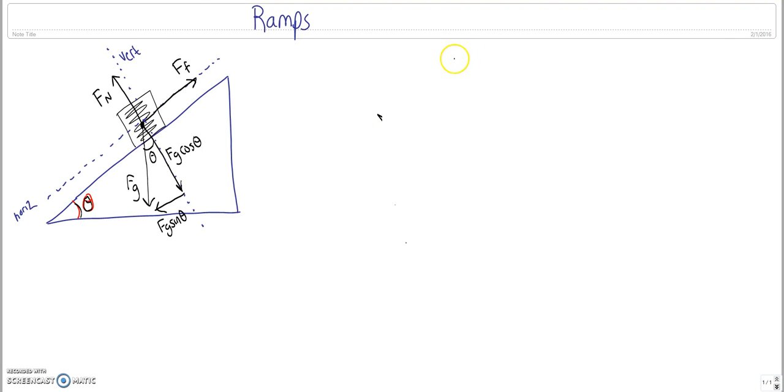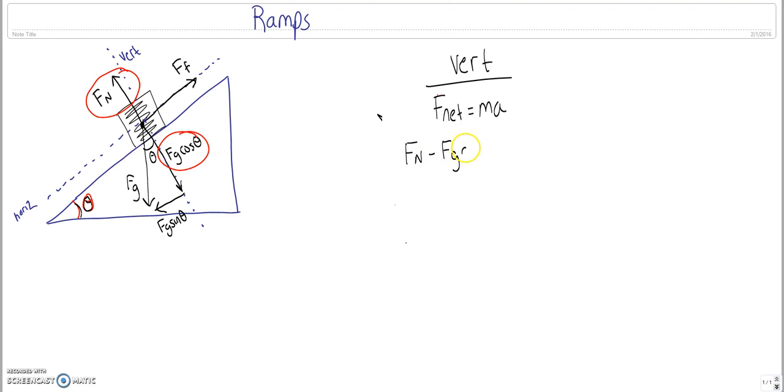So vertically, you're going to have Fnet equals ma, and then we have these forces in the vertical plane. So when you set up your problem, you're going to have Fn, and because Fg cosine theta points the opposite way, you're going to subtract them.